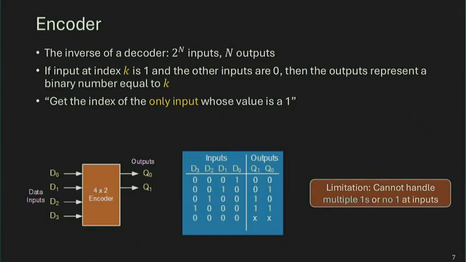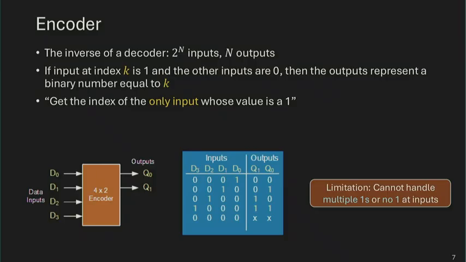The opposite component of a decoder is called an encoder. A decoder has 3 inputs, 8 outputs. An encoder will have 8 inputs, 3 outputs, or 4 inputs, 2 outputs. So essentially 2 to the n inputs and n outputs. An encoder assumes that the input is again a one-hot encoding, so a single one among all these bits, and then the output will represent the index of that one input value.